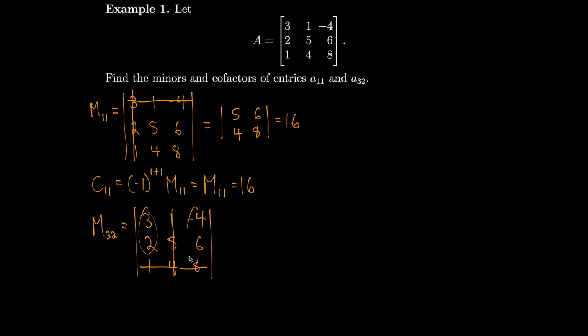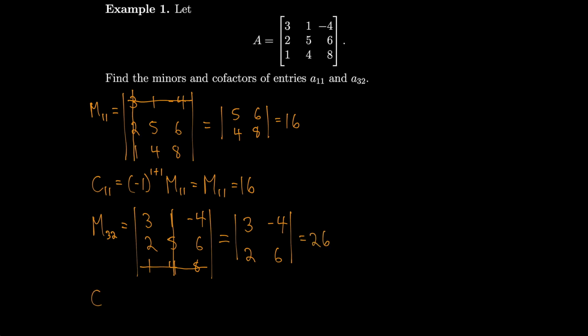So this is what we have left. That'll become our new determinant: the determinant of 3, -4, 2, and 6. So 6 times 3 is 18, -4 times 2 is -8, so M32 is 26.